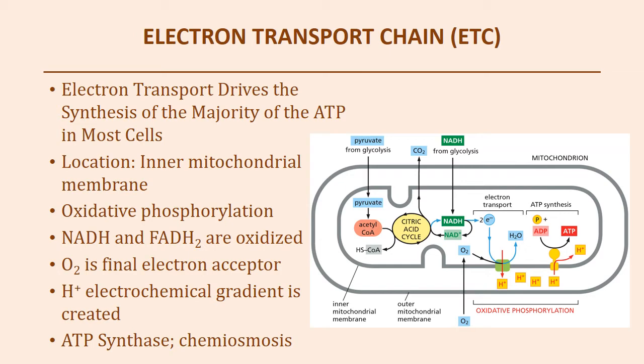Now, first things first, this third step is going to synthesize the majority of our ATP molecules. This one will give us by far more ATP molecules than the other two.